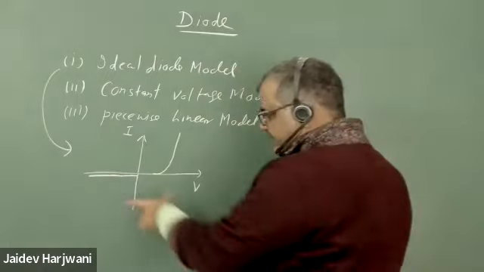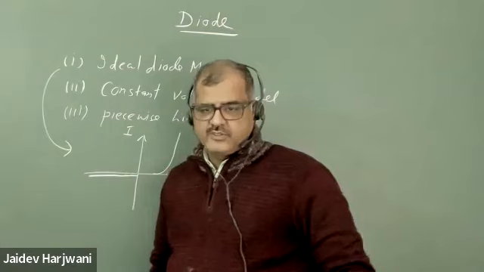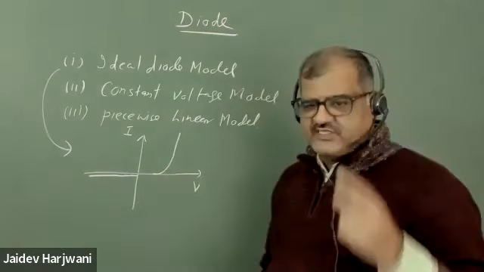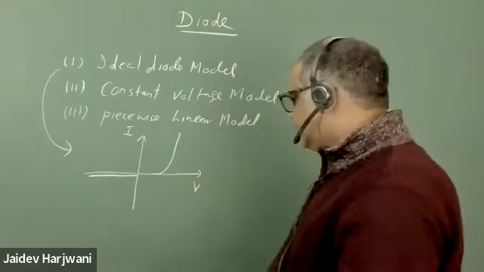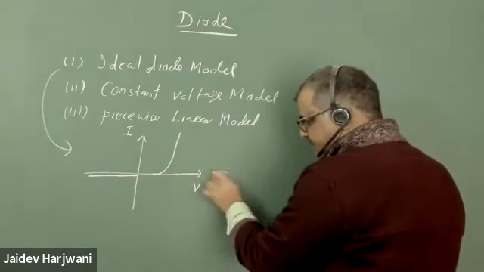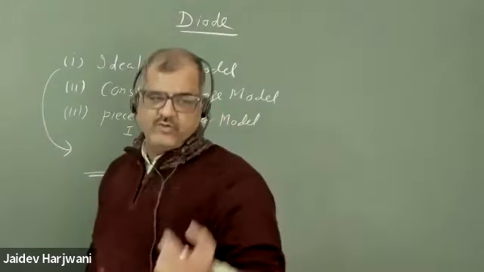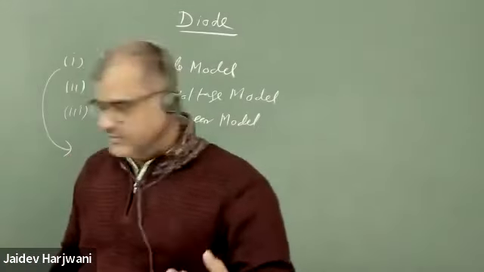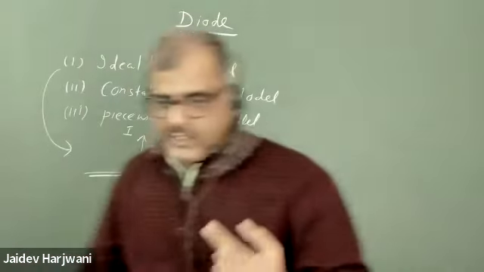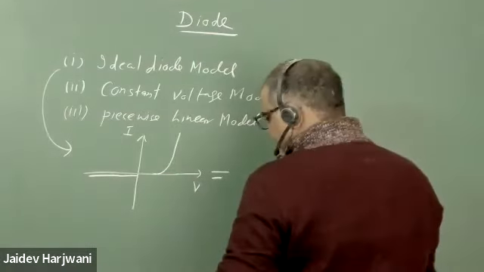With this kind of IV characteristics, it is difficult to analyze a circuit which contains a diode. We want to know what is the voltage across the diode and how much current is flowing through it. So in order to understand this, we have to approximate this IV characteristics.